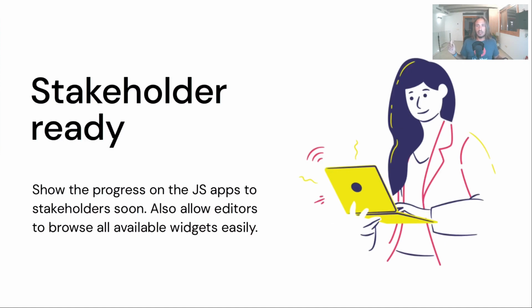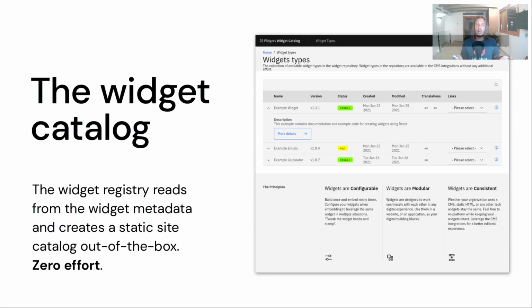Like for instance, the widget catalog. So just like having the metadata about the widgets allows you to render them in the CMS, we can take that same metadata and alongside with building the JSON object for Drupal or any other CMS to consume, we could build a single page application that shows you all of the different widgets. And that is what we call the widget catalog.